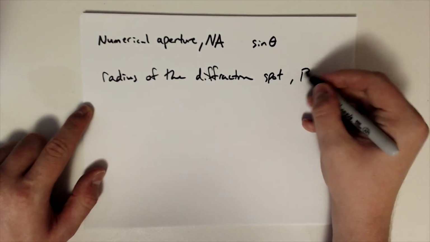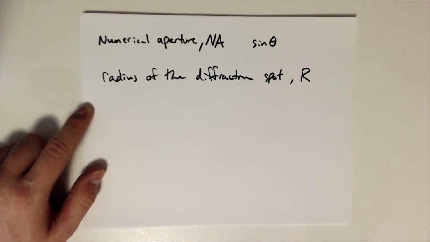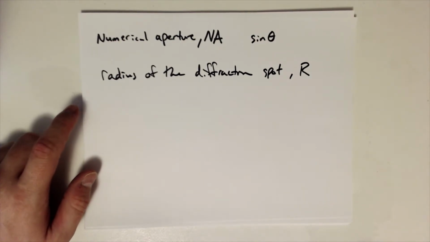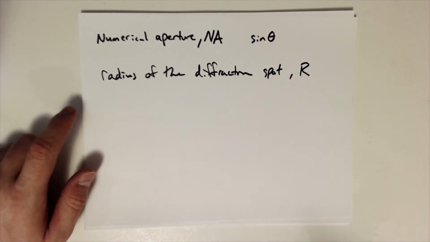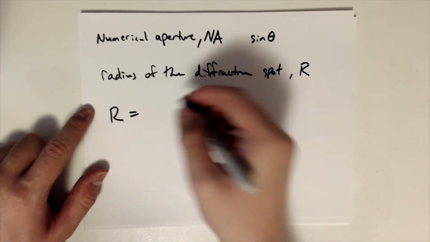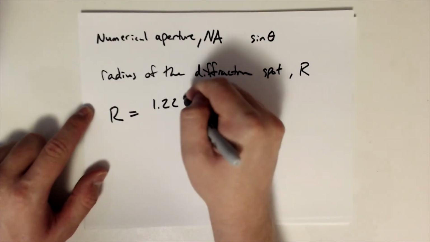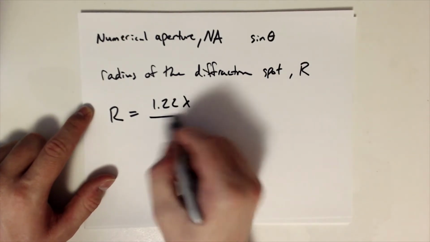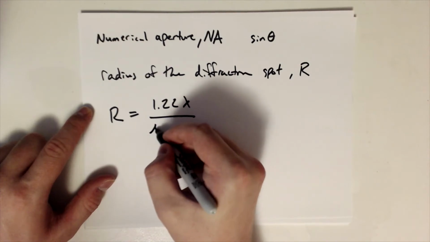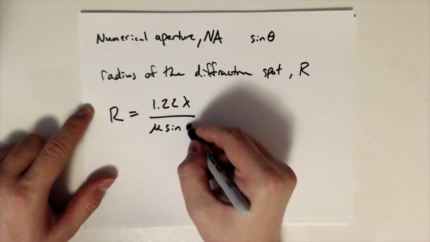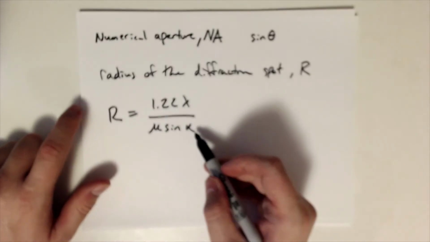And so we're going to call this R. So we can define the radius of this diffraction spot related to this Airy disk that we just talked about, the way that it appears, as related to the wavelength, lambda, over mu sine, and I'm going to switch and call it alpha here.